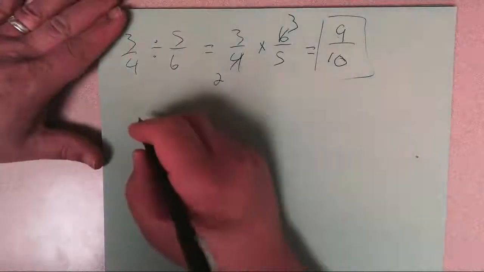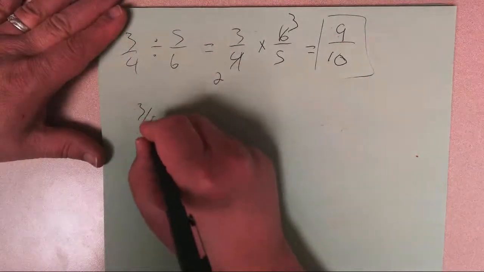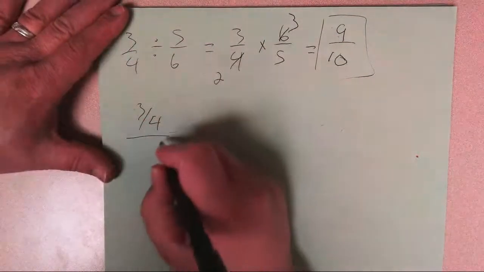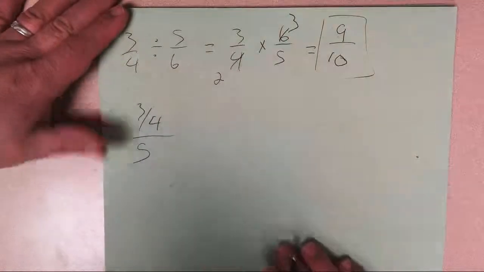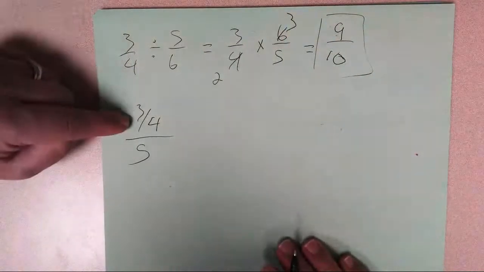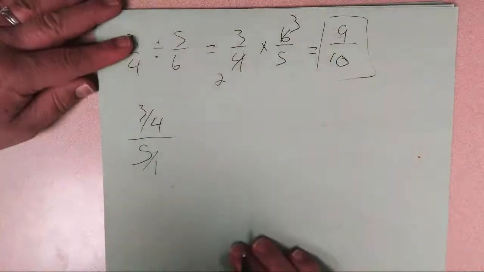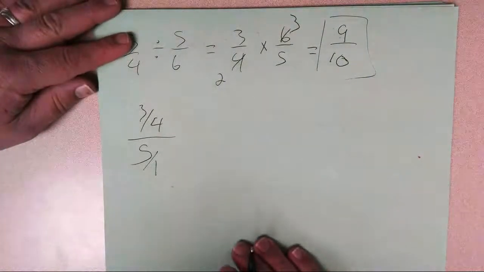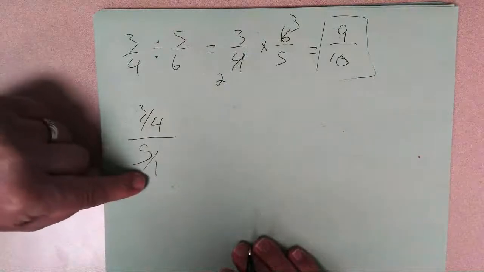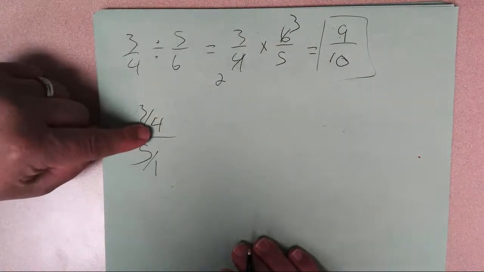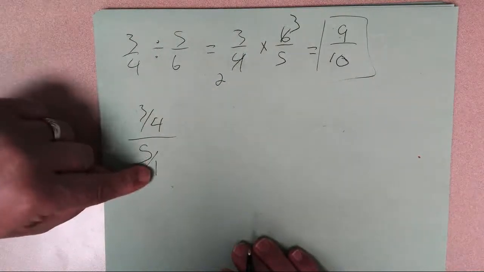And the other thing is, let's say you have something like 3/4, and you're going to divide that by 5. That looks really weird, but you can take 3/4 and divide it by 5, and the way you do it is you treat 5 as a fraction by putting it over 1, 5/1. So this is 3/4 divided by 5/1.